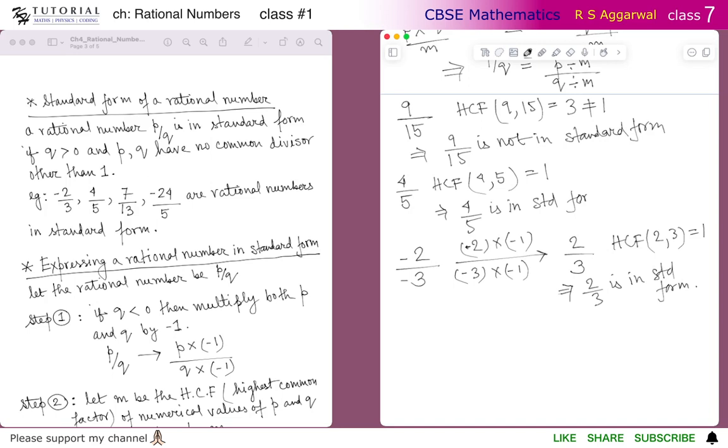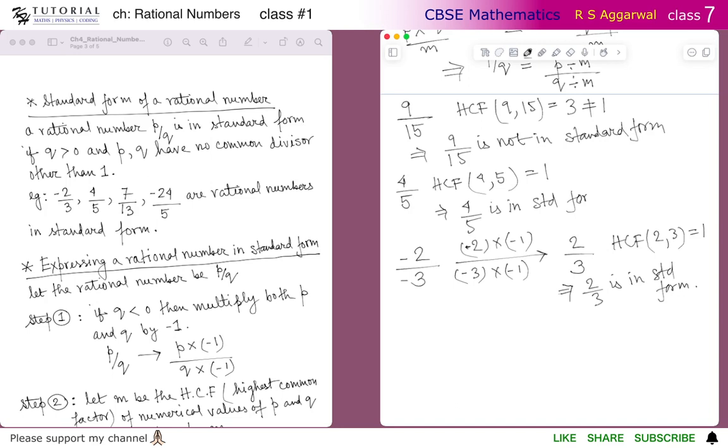So if you are given a rational number and you see that the denominator is negative, don't immediately say that it is not in standard form. First you have to see if you can have an equivalent rational number by multiplying both the numerator and the denominator by minus 1.